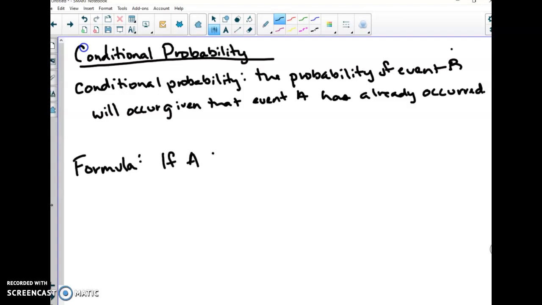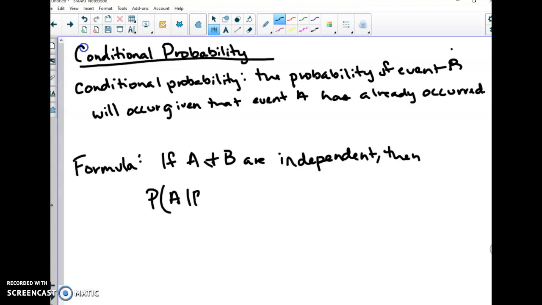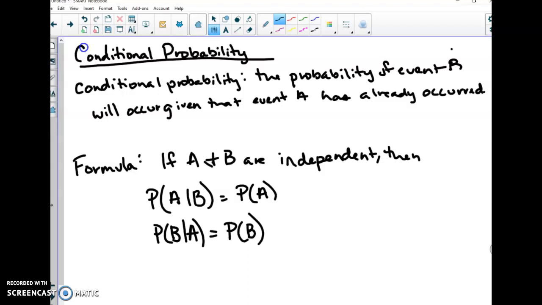If events A and B are independent, so that means that the first option is not going to affect the second option, then the probability of A then B equals the probability of A, and the probability of B given A equals the probability of B. The reason why is because they're independent.